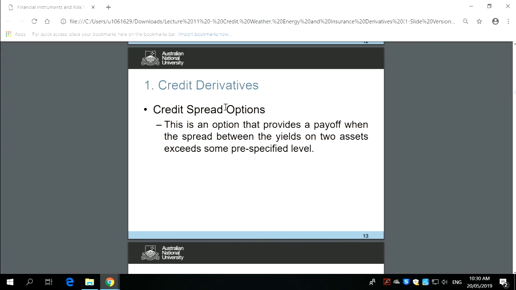So there's an opportunity cost there. Imagine there were two assets, and you can only invest all of your money in one of them. What if the other asset ends up doing better? You missed out on the better return on the asset that you didn't invest in. One way you can protect yourself against that scenario is by taking out a credit spread option.